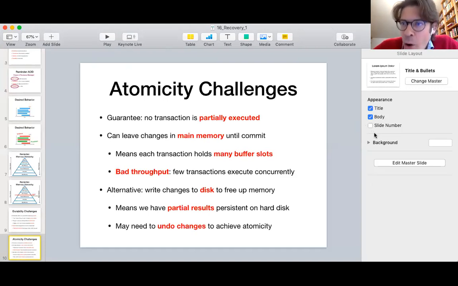And indeed, one of them was that we directly write changes to our database data, so we can write changes directly to hard disk, and that has the advantage that they persist even after a system crash, which is good if the transaction is committed. On the other side, if the transaction doesn't finish before the crash and must be aborted, it means that we now have changes on hard disk that belong to a half-finished transaction, and we need to sooner or later undo those changes again.